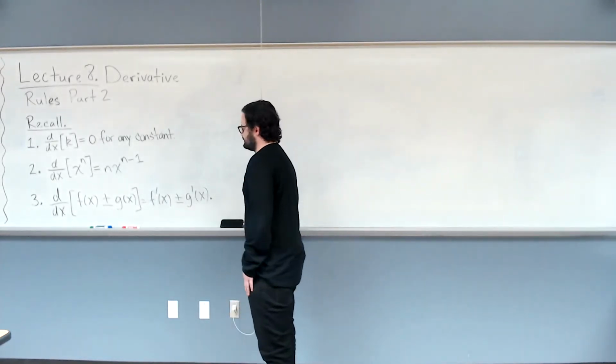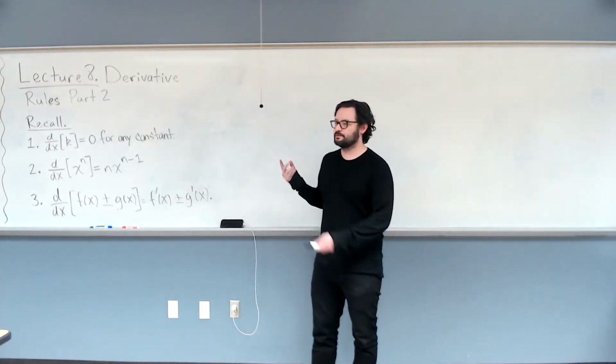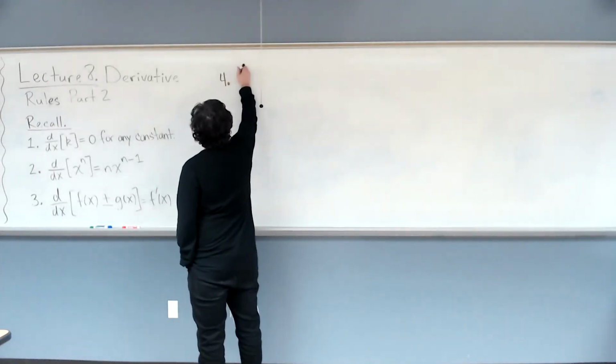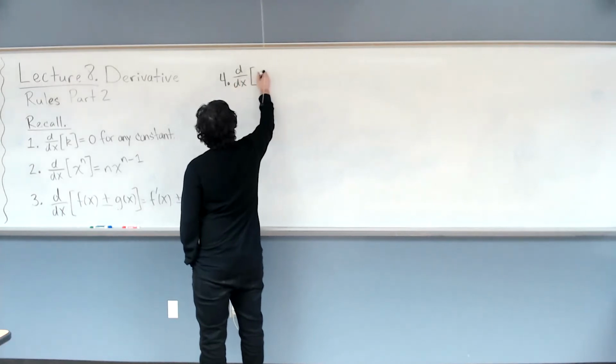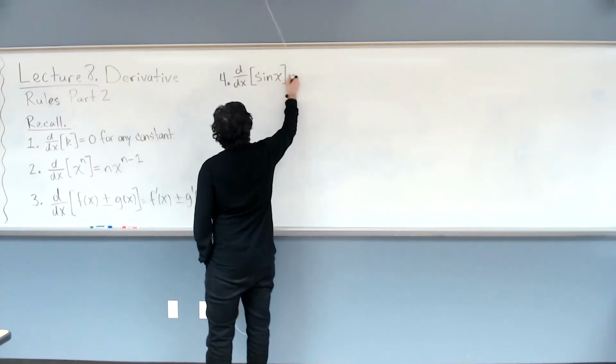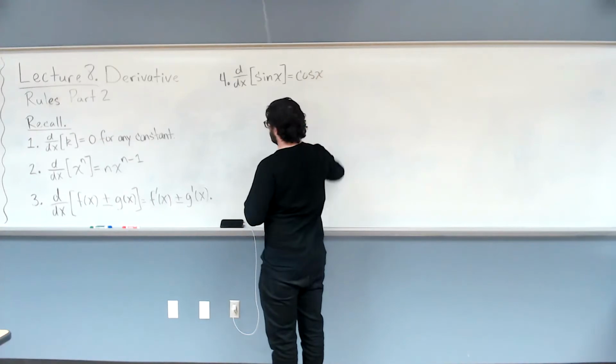And what else was there? Oh, there were the basic trig rules, right? So the derivative with respect to x of sine of x is equal to cosine of x.